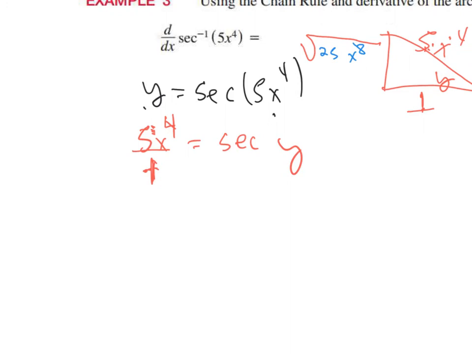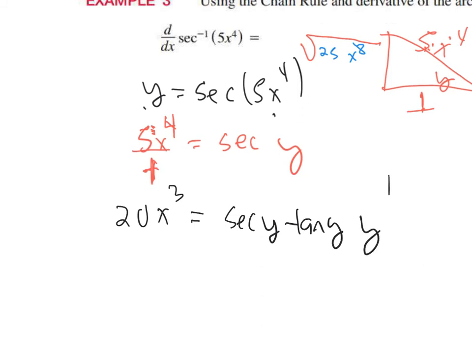Straight across. The derivative of 5x to the 4th is 20x to the 3rd. The derivative of secant is secant y tangent y times the chain rule, y prime. The chain rule was over here too, but the derivative of x is still a 1, so it doesn't matter.